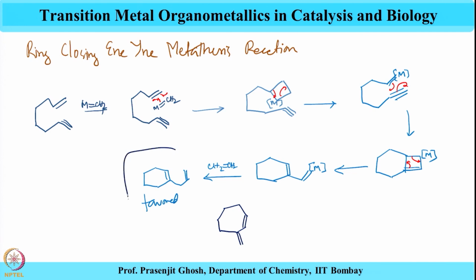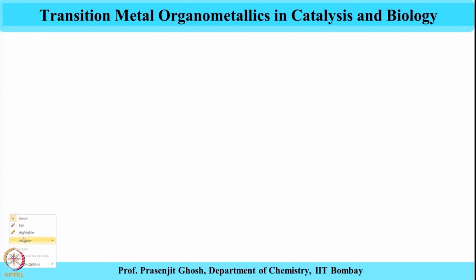So, the favored product is what is shown over here. We are going to take a look at some more examples of this ring closing enyne metathesis.